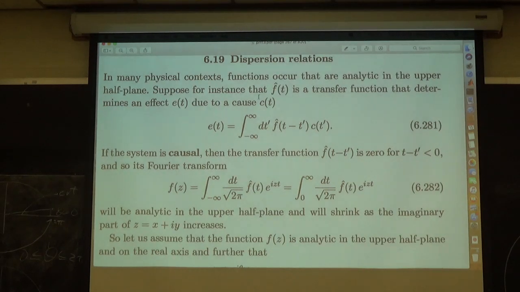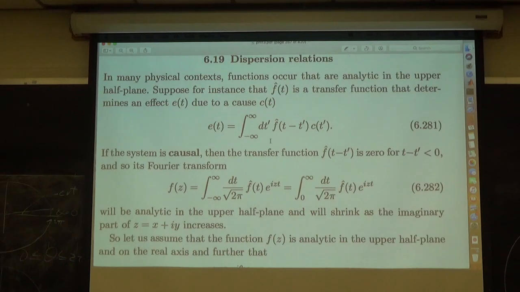But let me give you the basic idea. In many physical contexts, we're dealing with a cause and an effect. And there's a transfer function which represents the process by which the cause causes the effect.